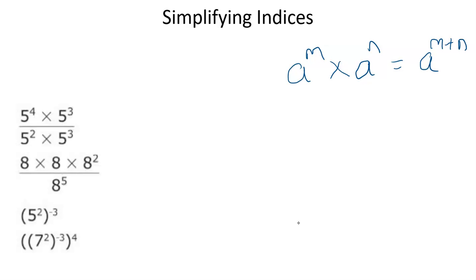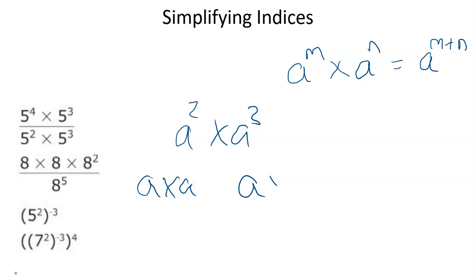You can see that this must be true if you have a squared times a cubed. A squared is a times a, and a cubed is a times a times a, and if we're timesing them together, you can't tell the difference. So there's 1, 2, 3, 4, 5 of them timesed, which is the same as just adding the powers together.